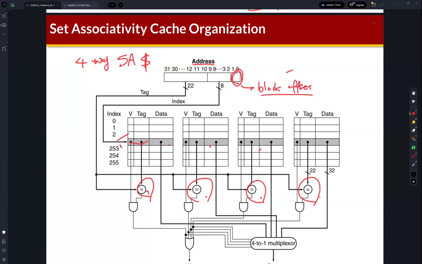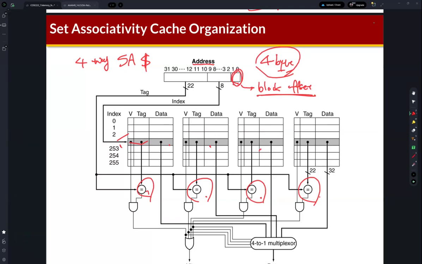The block offset occupies 2 bits of the address field. So what does that mean? The block size of this cache is 4 bytes, because the block offset is 2 bits.